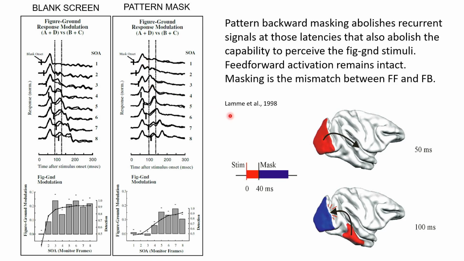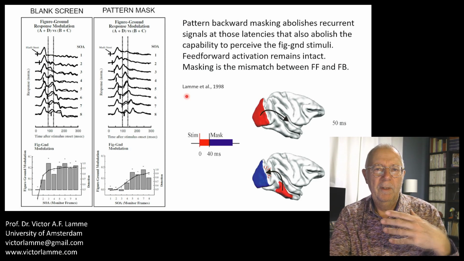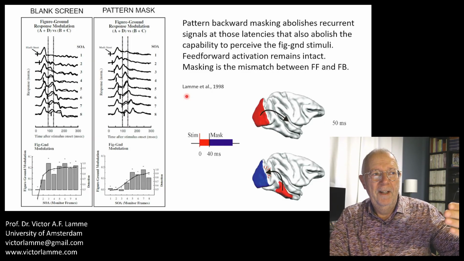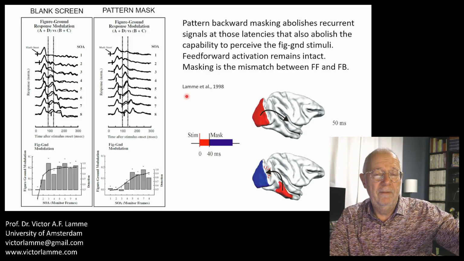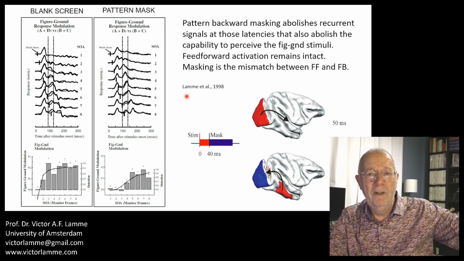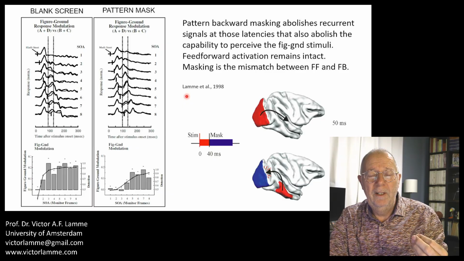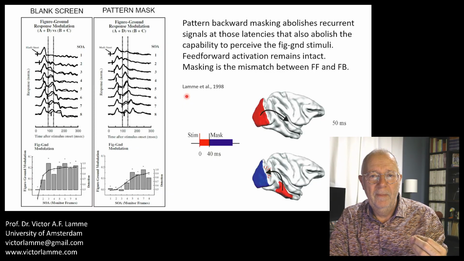So that also generated an idea about how masking actually works. Because, of course, backward masking, in a sense, is a bit mysterious. I mean, you present a visual stimulus, and then somewhat later, in this case 50 milliseconds later, you present another one. Why would that interfere with the percept you have of the first one?